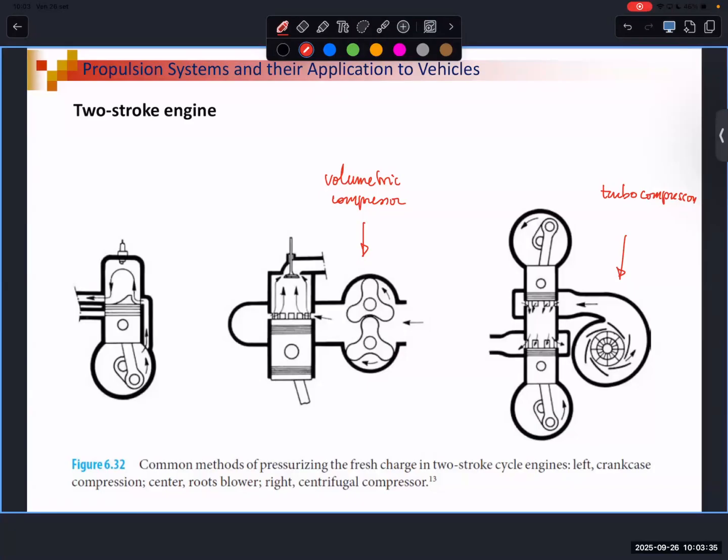Consider that you can have applications in which valves can be used instead of ports. So here you have intake ports and exhaust valve. So different configurations can be present on the market.